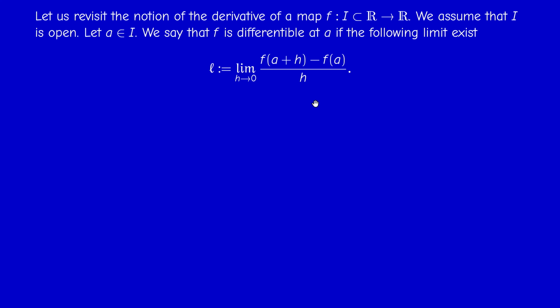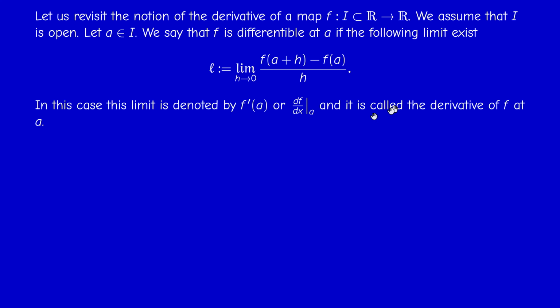So it means that in particular the limit exists, it's a real number in this case. And this limit is denoted by f prime of a or df over dx at x equal a. As you know, it's called the derivative of f at a, and it has a beautiful geometric interpretation. It's the slope of the tangent to the graph of f at the point (a, f(a)).